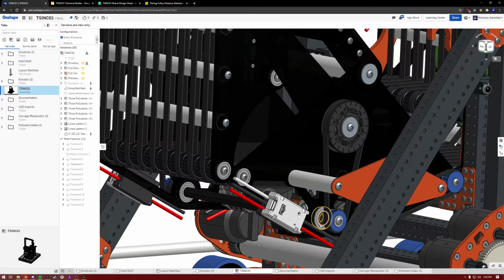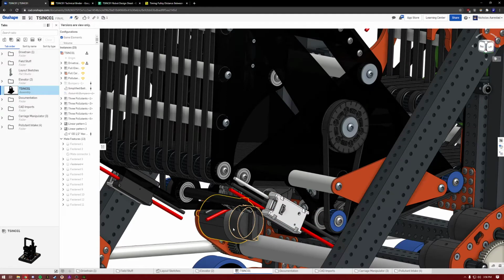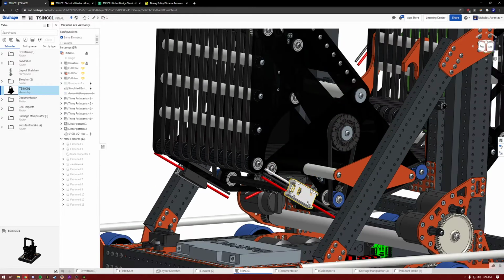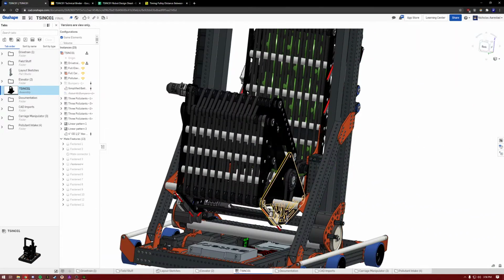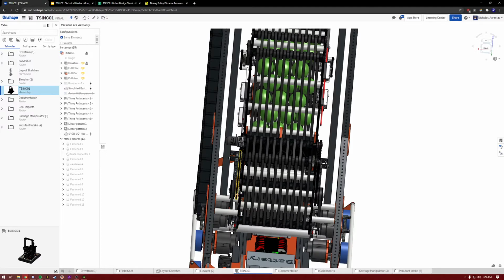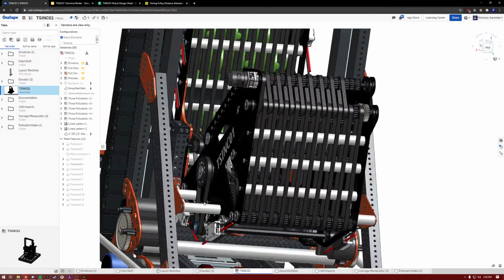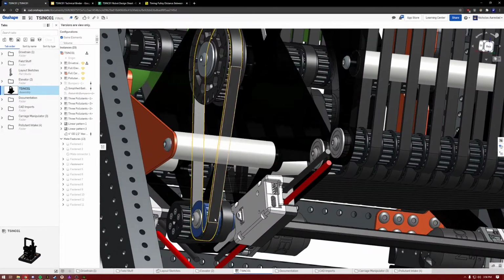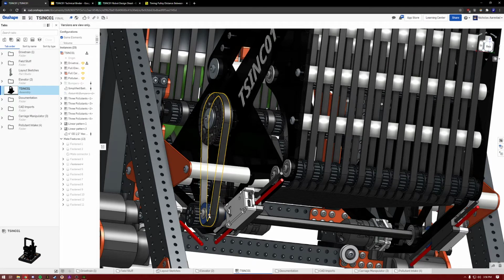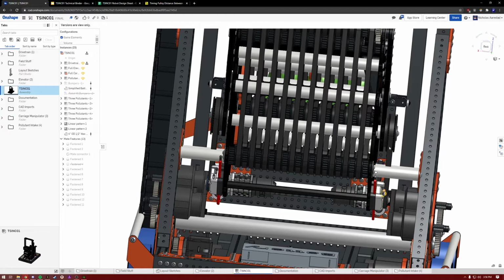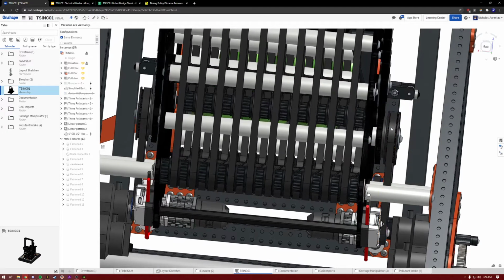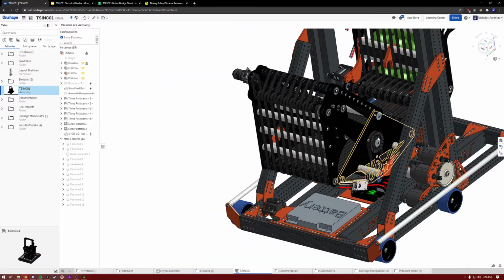Let's talk about some of these joints. One of the big things when you design arms is that you want equal force on either side, because otherwise you get sag. So in this case, we have it pulley driven on this side, which goes out to here, and then we have another one on this side, which helps us keep this all level.